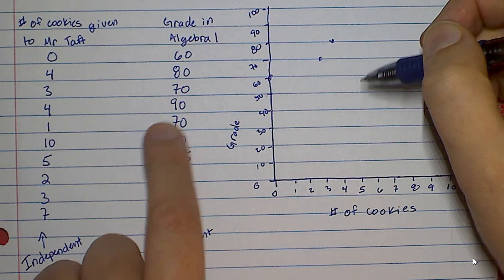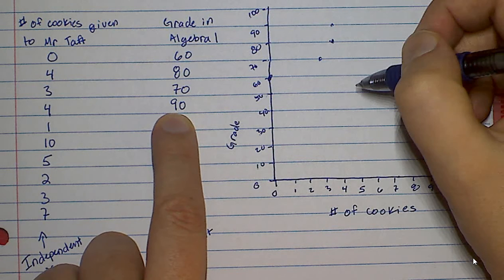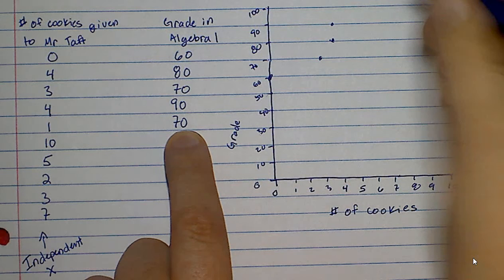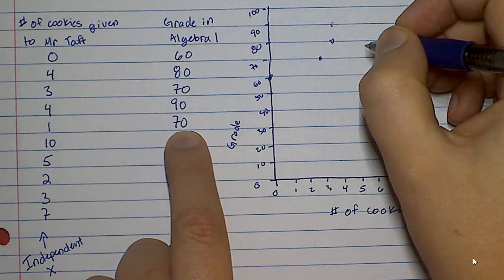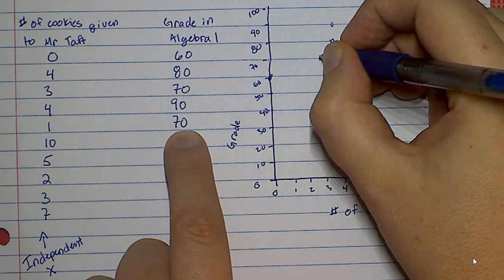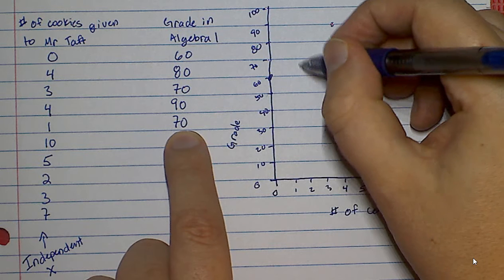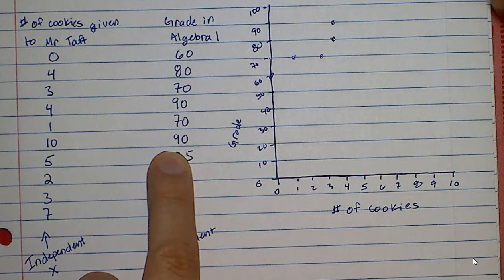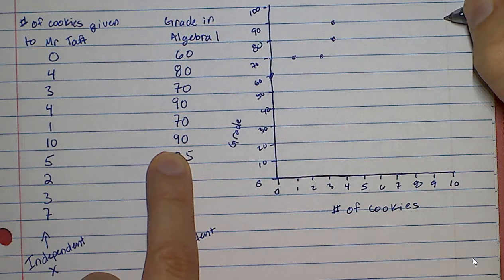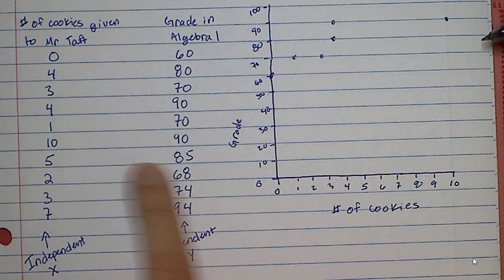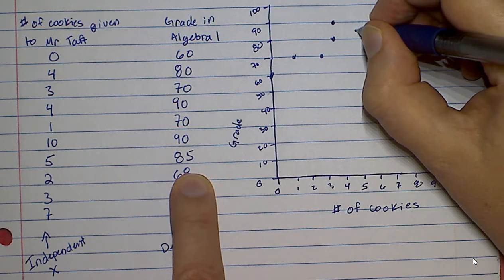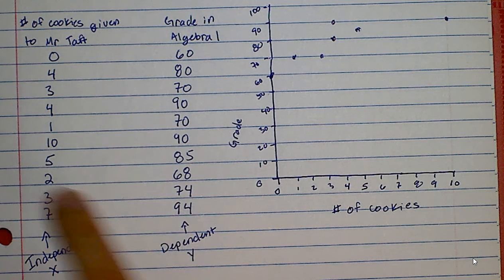Then I've got (4, 90), which is right there. Let me go through that again. I got (0, 60), (4, 80), (3, 70), then (1, 70), and (10, 90), right there. (5, 85), right there. (2, 68).